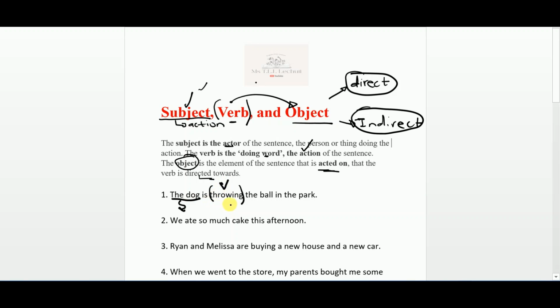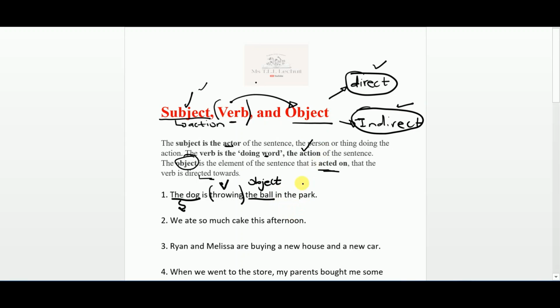Now we pause at the verb in order to correctly identify the object. The question may be, what is the dog throwing? The ball. So the ball becomes our object. Now bear in mind, we have a direct object, and we can also have an indirect object.